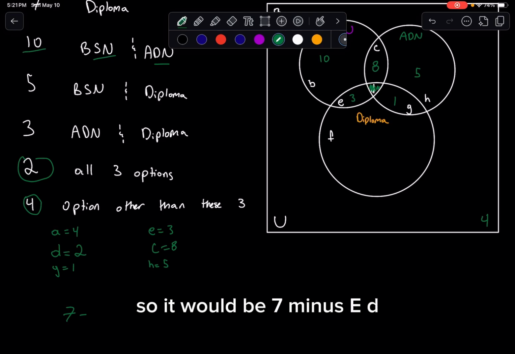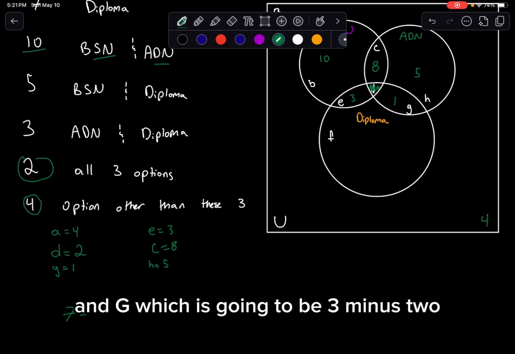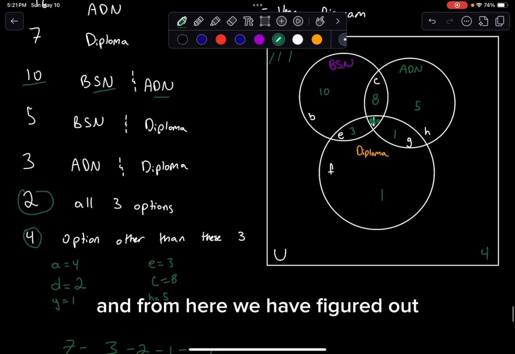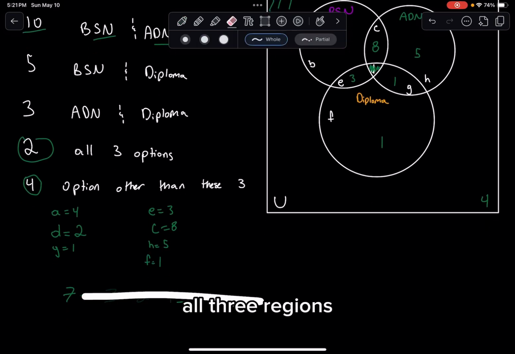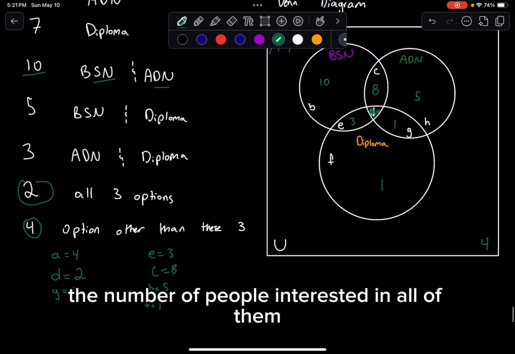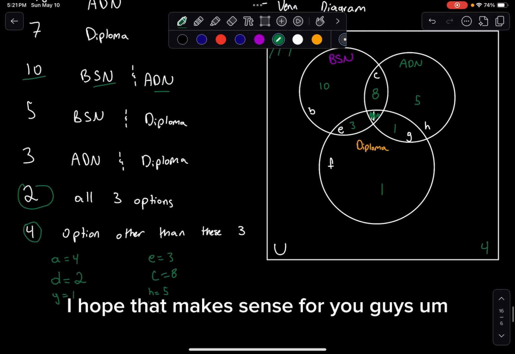So it would be 7 minus E, D, and G, which is 3 minus 2 minus 1. It's going to be 1 person interested in the diploma. And from here, we have figured out all the regions and the number of people interested in all of them. I hope that makes sense for you guys.